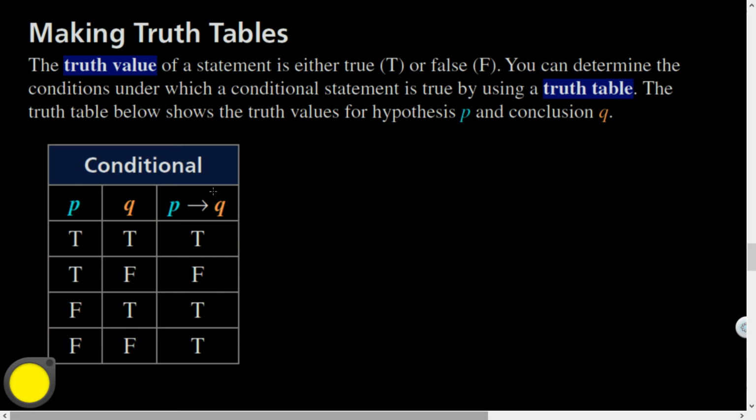And then I could analyze, what about P implies Q? Is this conditional statement true in a situation where true, true is the result? If P is true, which it is, then Q is true, which it is. So this conditional statement is true whenever both of those are true.